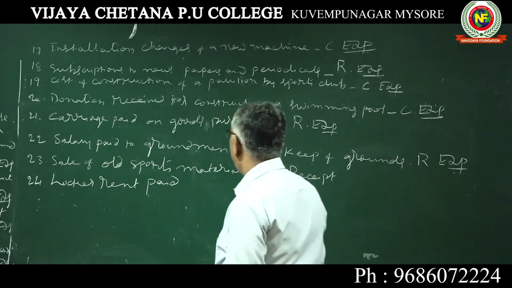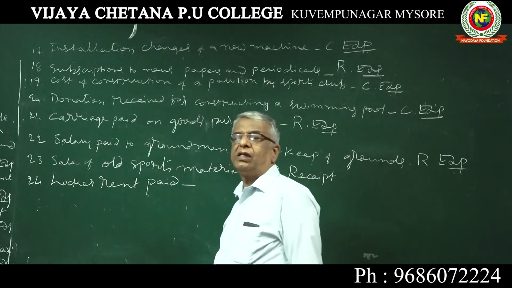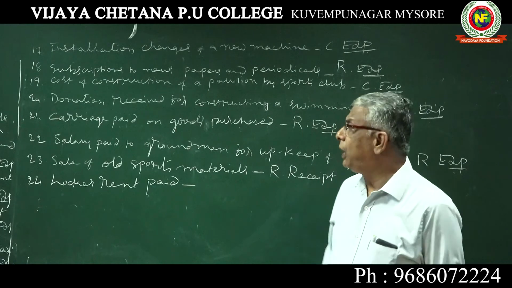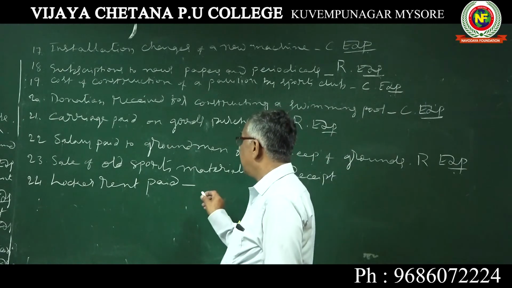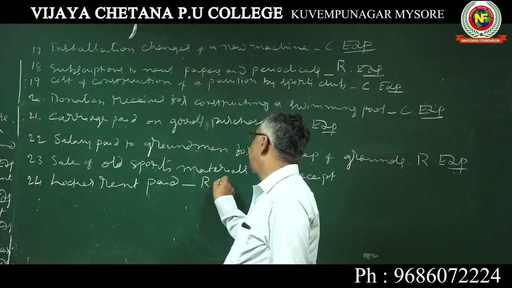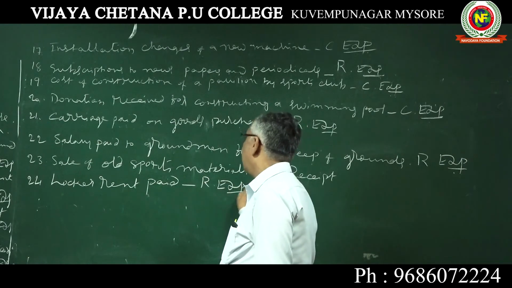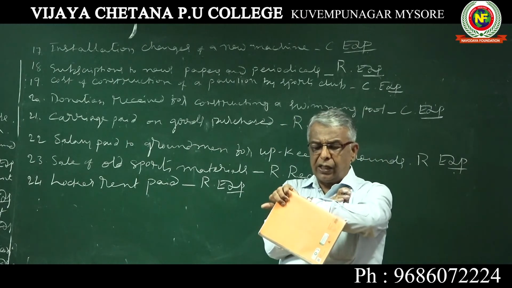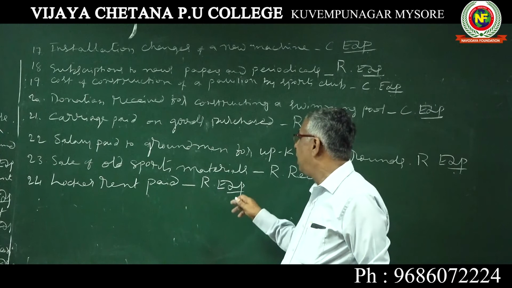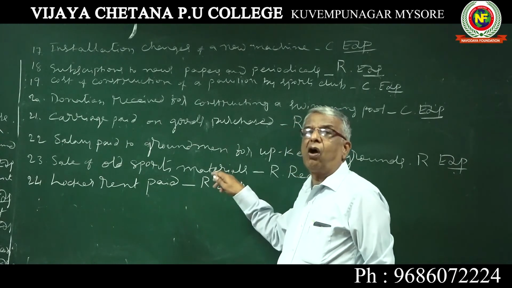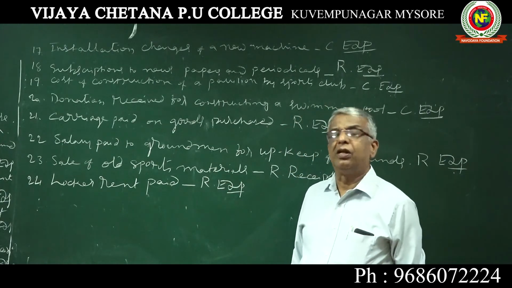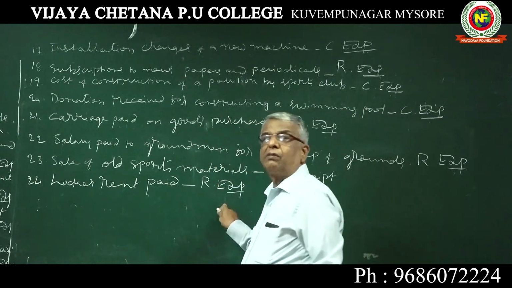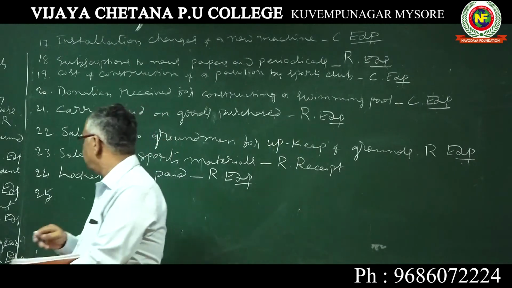So locker rent paid by the not-for-profit organization is considered as a revenue expenditure, because it is recurring in nature. That amount has to be paid by the organization, so it is considered as revenue expenditure.